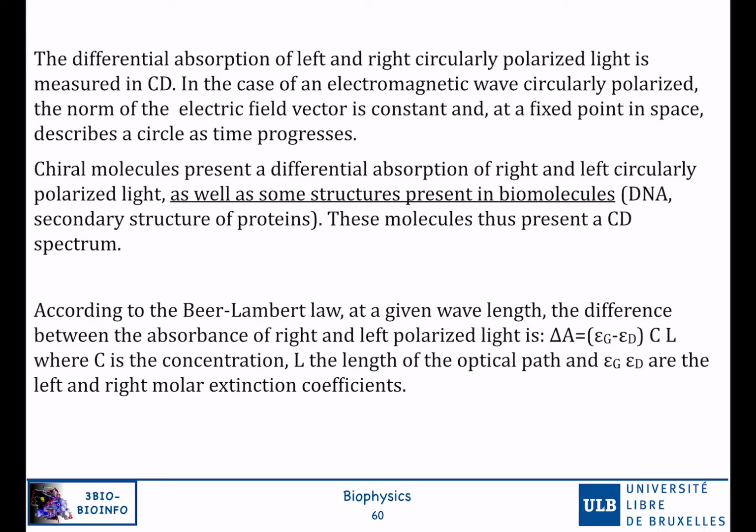In fact, when you have chiral molecules, and this is the case of proteins, this is the case of DNA and so on, the way the chiral molecule will absorb the right circularly polarized light and the left circularly polarized light will be different. And what we will do here is to measure the difference in absorption between the right and the left circularly polarized light.